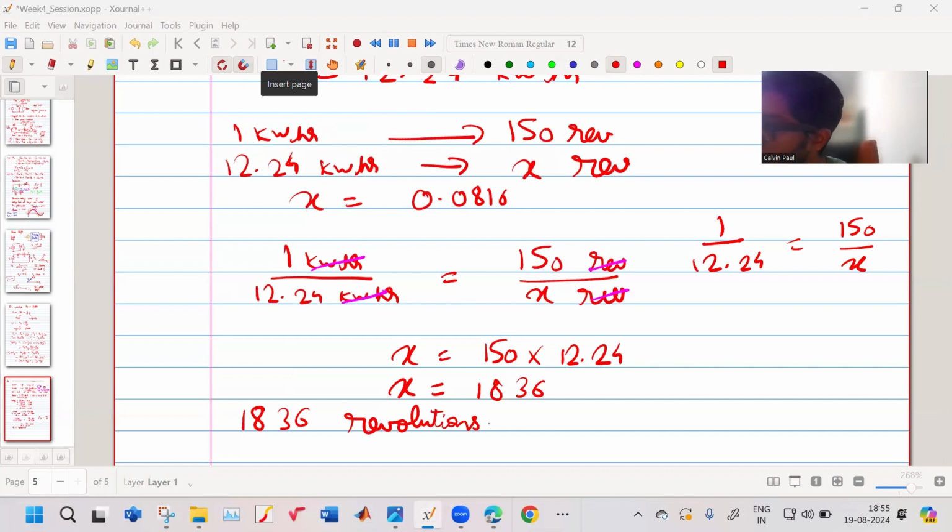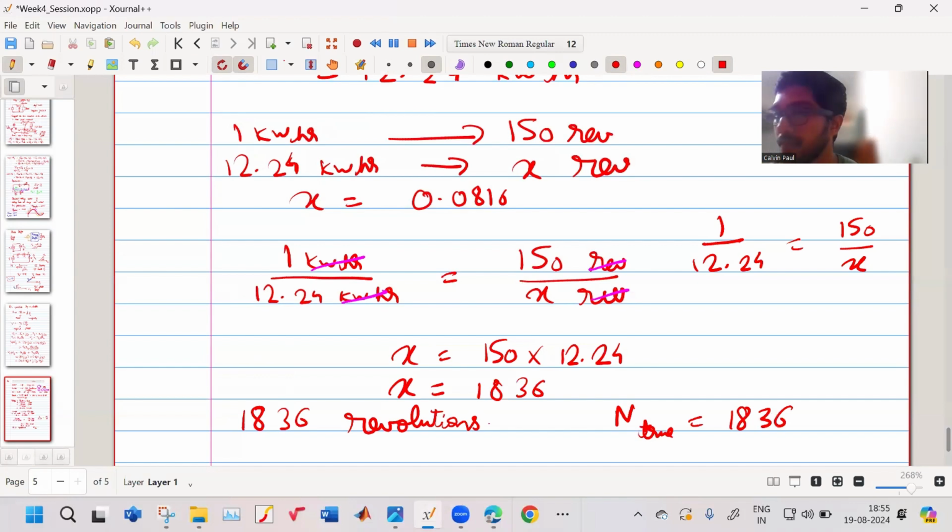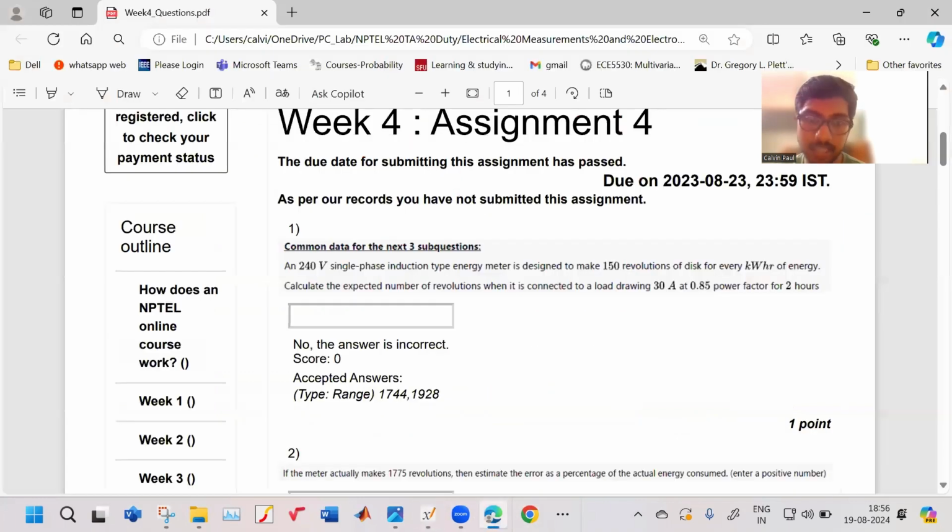So if this energy meter was accurate, the number of revolutions which it should measure should be 1836. But as in all practical real life instruments and devices, there is error, there are tolerances. So this instrument also has errors.